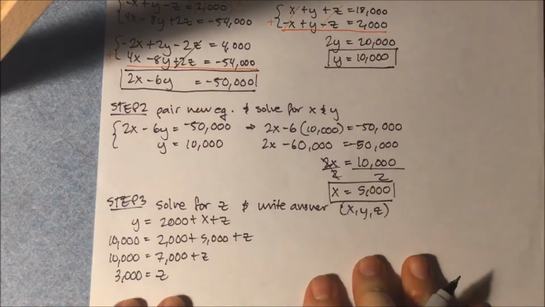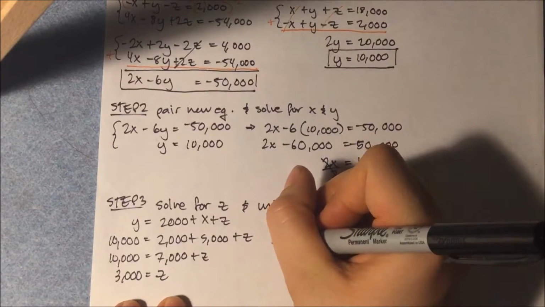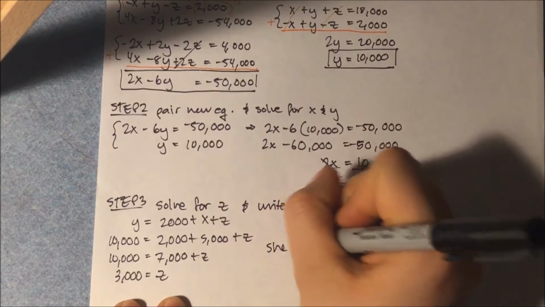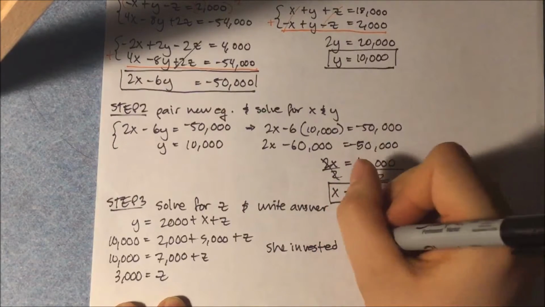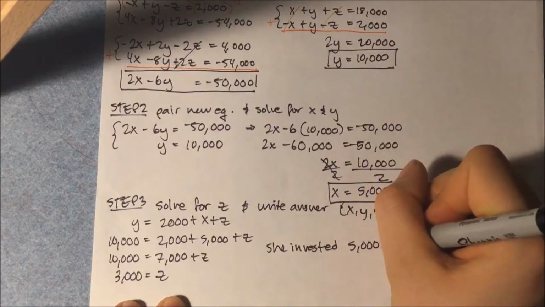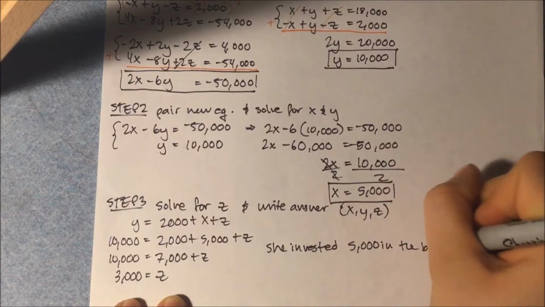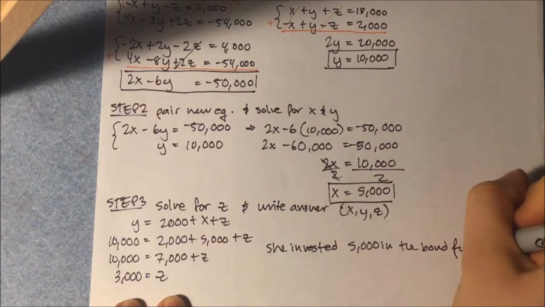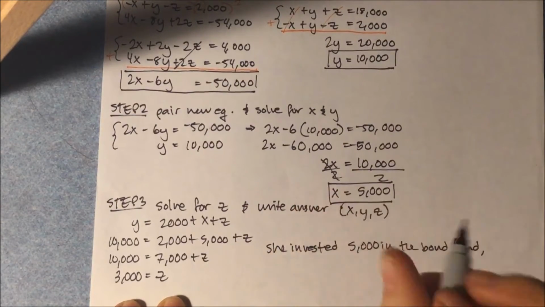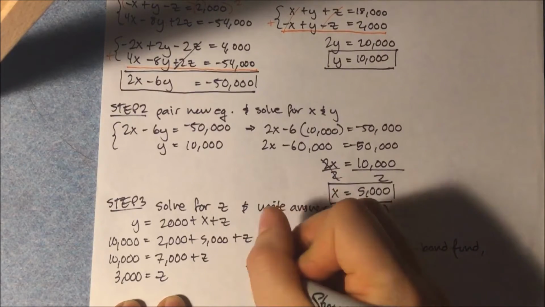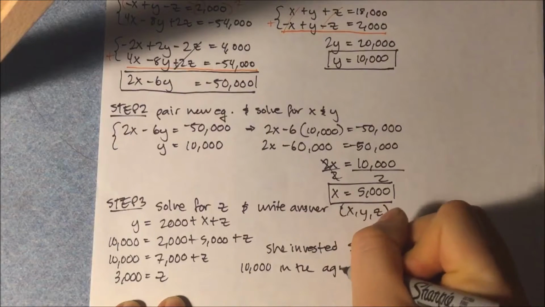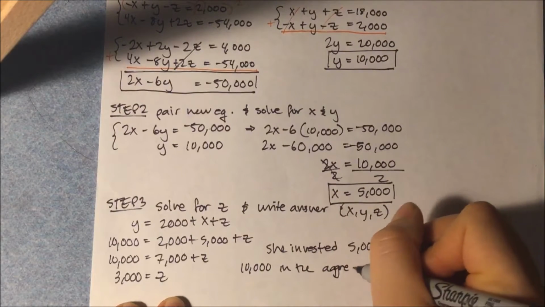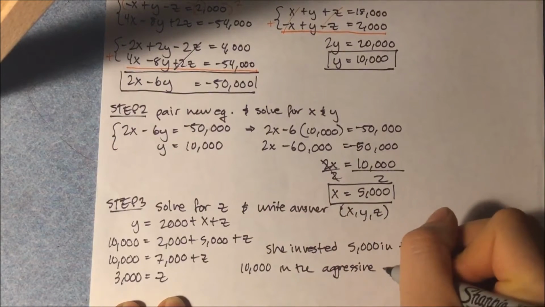Okay, so a sentence could be, so this was Janet. So she invested, x was 5,000, so $5,000 in the bond fund. Y was the aggressive growth, so $10,000 in the aggressive growth fund.